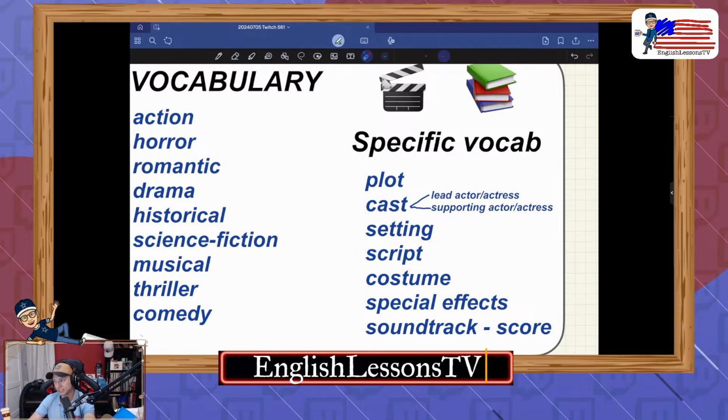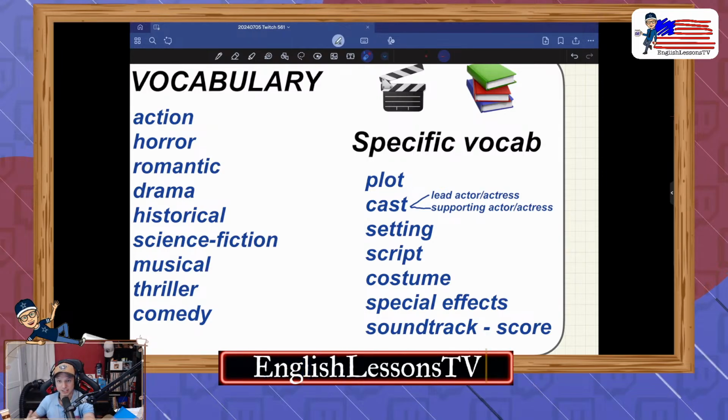Okay, if it's based on a book, the script is adapted to the movies, or maybe it's an original script, and you need to comment about that. Okay. Then the costume, if it's a historical movie, then it's the dresses and the suits that appear in there. Okay. Then obviously, if it's a science fiction movie, you need special effects.